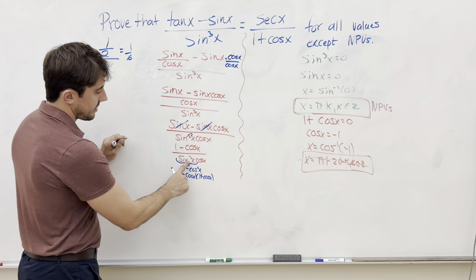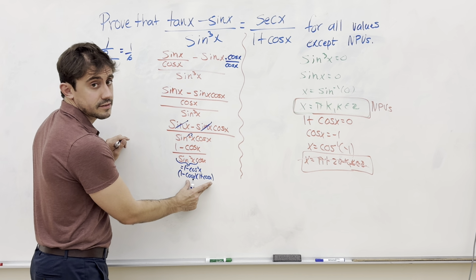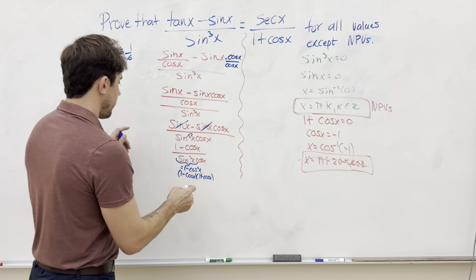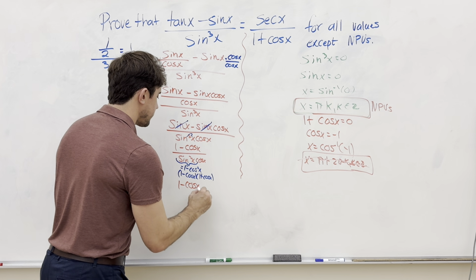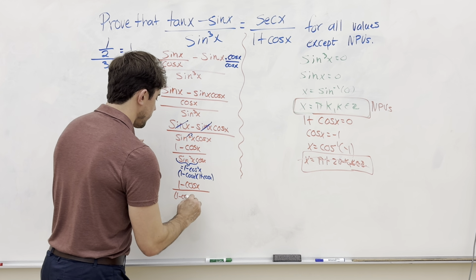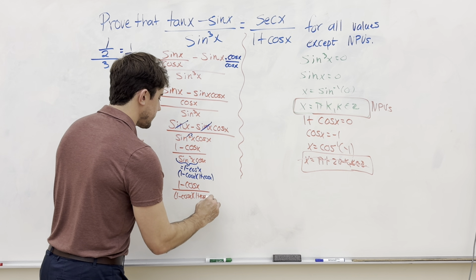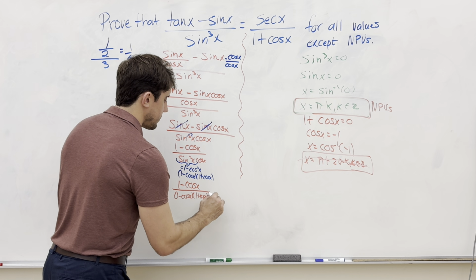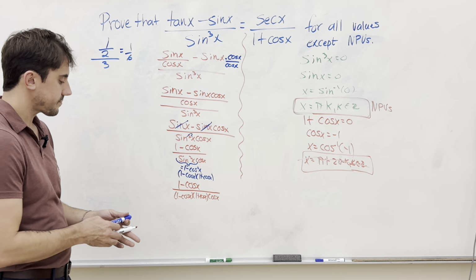And so that sine squared x, we're going to write as the product of these two factors. And so now we are down at 1 minus cos x all over 1 minus cos x times 1 plus cos x, still times the cos x embedded inside the denominator, right?